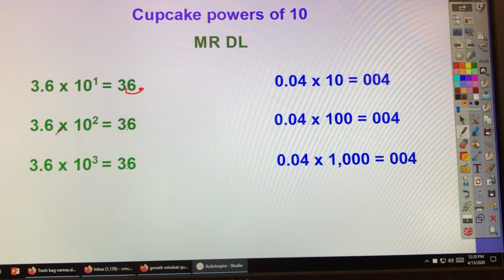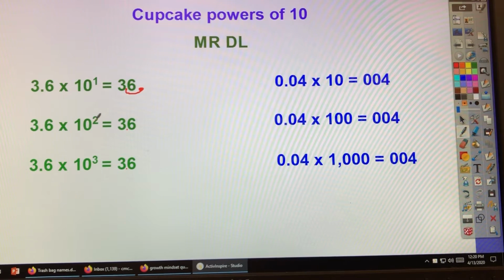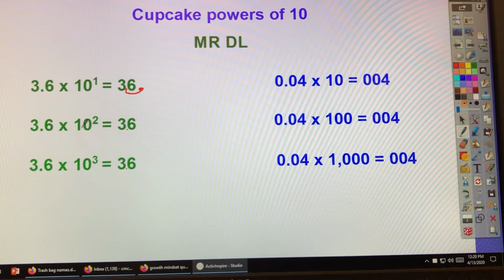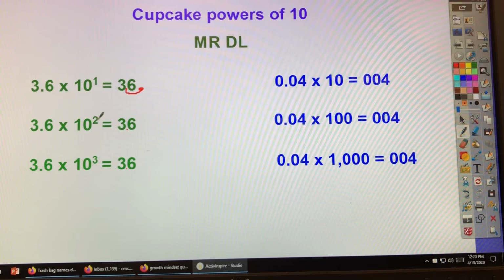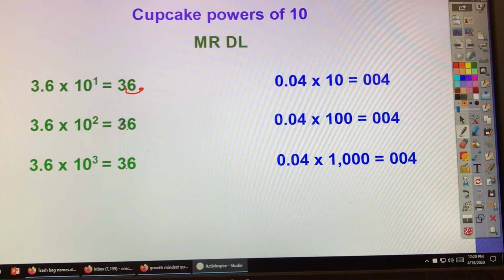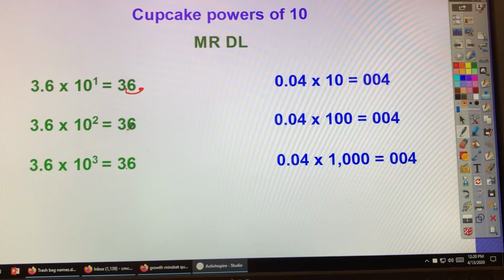Let's go to the second one. We have 3 and 6 tenths times 10 to the second power. 10 to the second power means 10 times 10, which is 100. Okay, the number 100 has 2 zeros in it, just like the exponent says. So we're going to move the decimal point twice. So the decimal point is between the 3 and the 6.